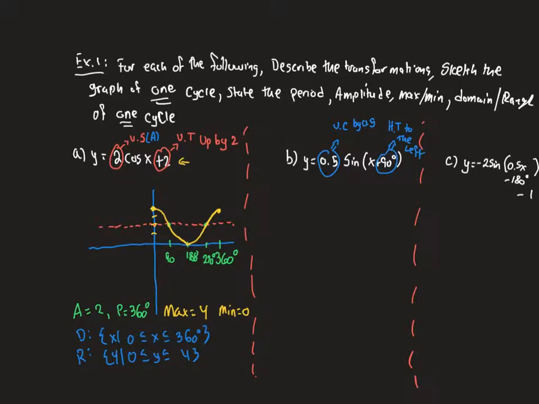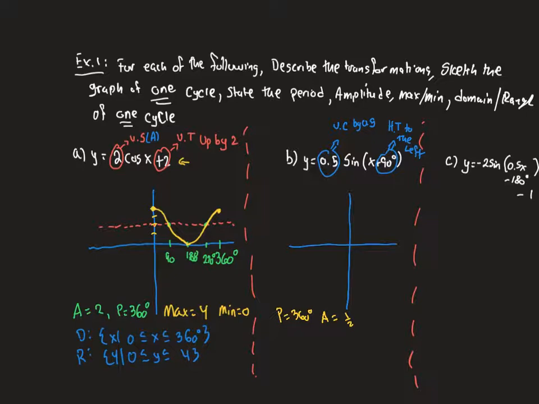All right, let's do our graph. So in my graph here, let's put my important points. So obviously my period here, again, I don't have a k value, so I assume my k is 1. So my period is 360. My amplitude is 0.5, or I can say 1/2.